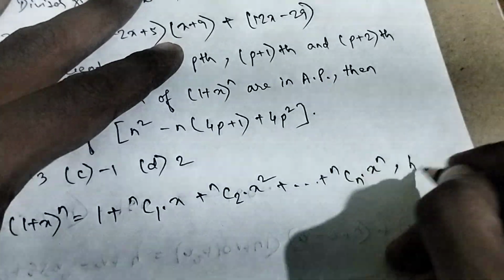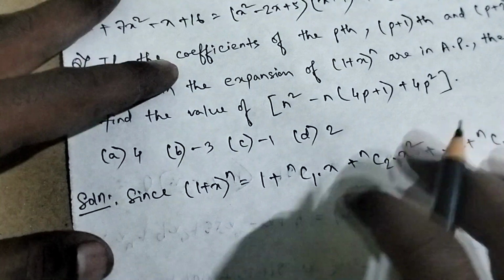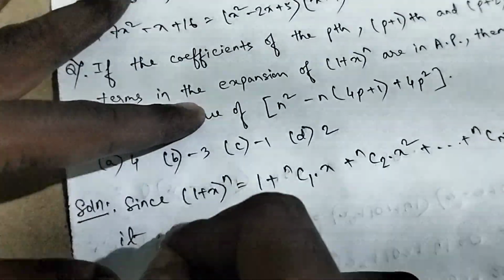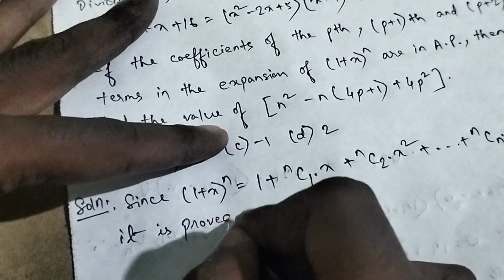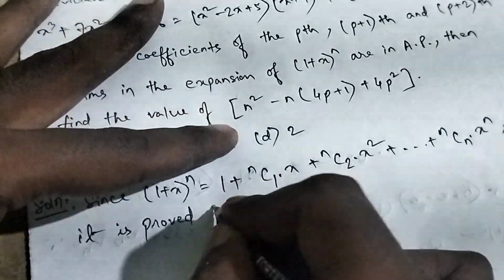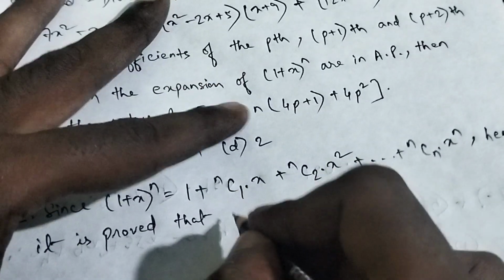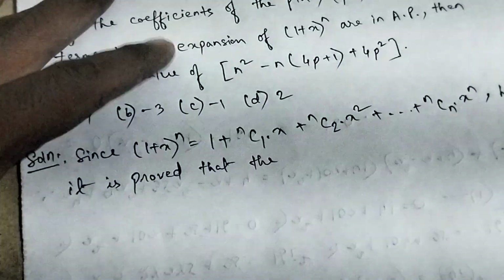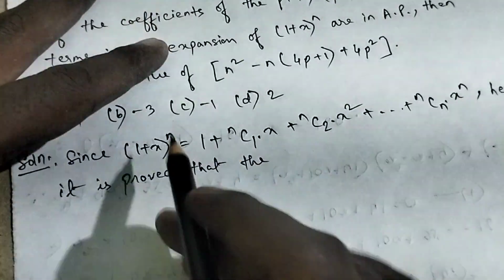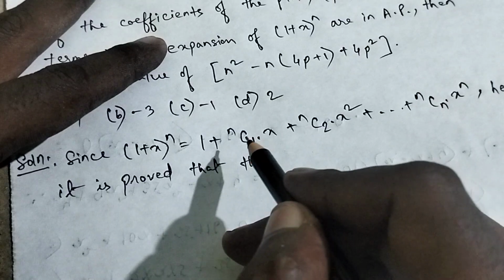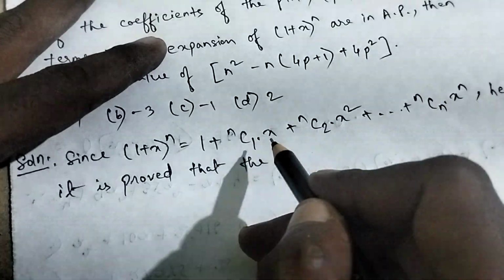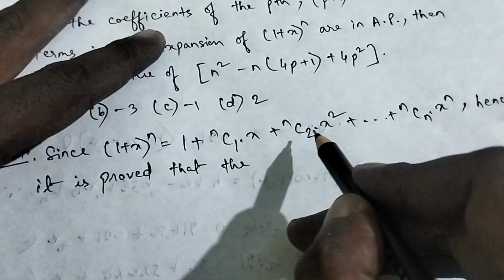So hence it is proved that from here we can say, this is the second term. What is the coefficient of x? nC1. This is the third term.